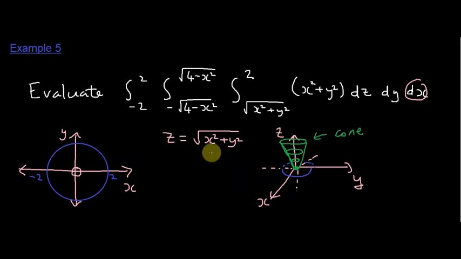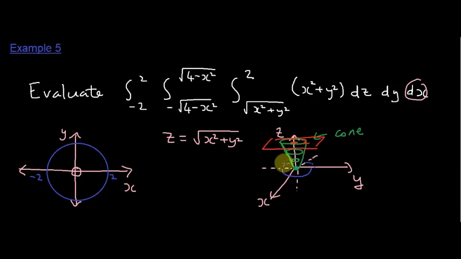Now, if we extend the circle upwards, we know that x squared plus y squared equals 4. So then z equals 2. So we also have the plane z equals 2.